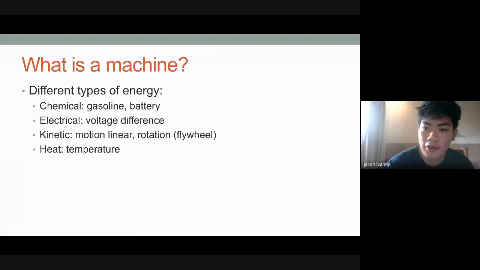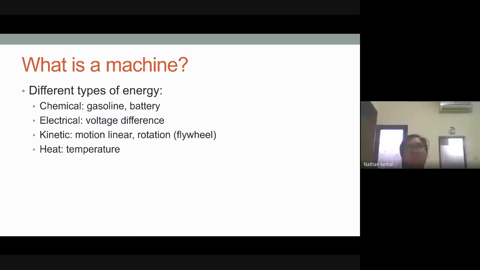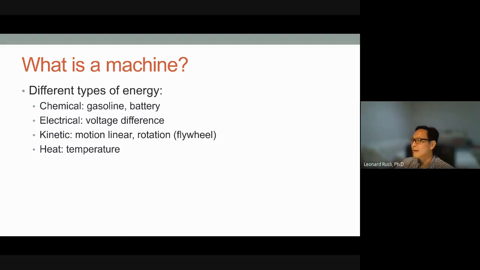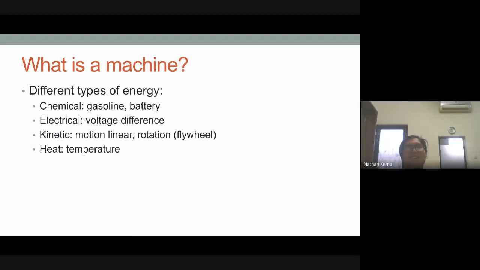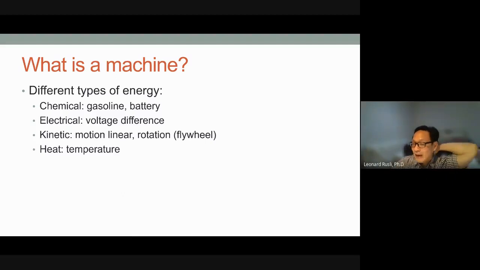Like 15 to 1, like the fuel to energy ratio maybe. Oh, okay. 30, Pak. 30. Ada yang lagi googling mungkin. So, yeah, it ranges from 20 to 35%, I would say.